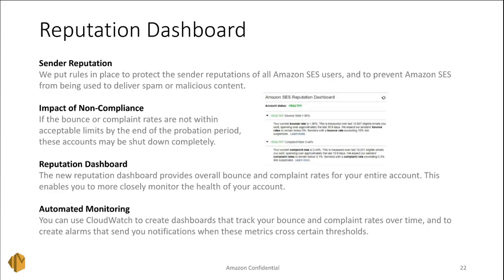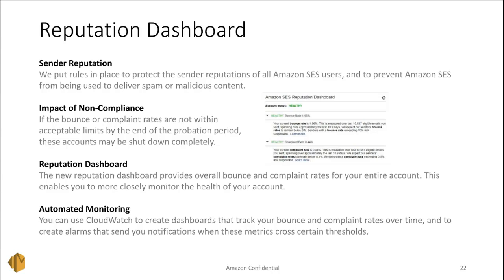And to build this, you would have to spend a lot of time trying to figure out how we are building it. So we made it easy for you to see this. You can get this metric from the Amazon SES dashboard. Also, you can receive this through CloudWatch.